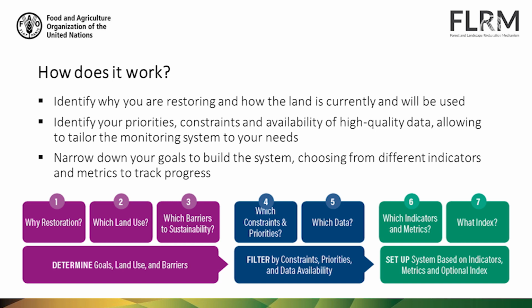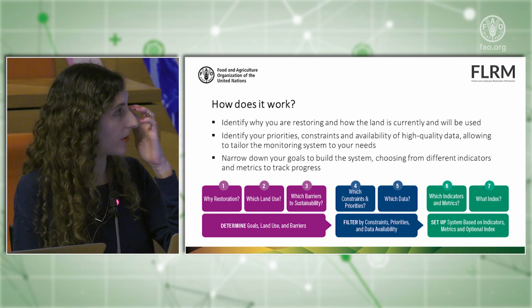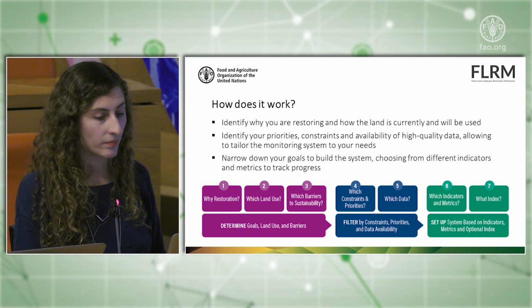After we identify the constraints, what are our priorities and which data we have available. And at the end, we select the indicators that are relevant for our activities. And optionally, we have also the creation of a restoration index.